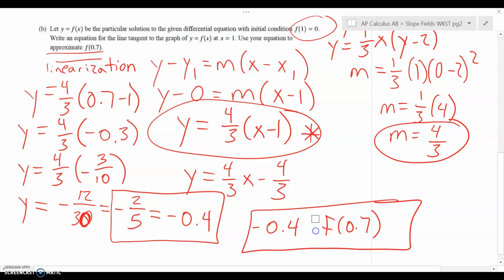If we're doing an approximate value, and I don't think they would nitpick on this on the AP, we're saying wavy equal sign there, approximately equal to negative 0.4. But you could get by with an equal sign because the way they worded it, they said use it to make an approximation. So you'd be good on this one, I think, either way, where f of 0.7 is equal to negative 0.4. And again, the worksheet online for the solutions will show you where the points come from, but this video is just to show you how the solution would be put together.